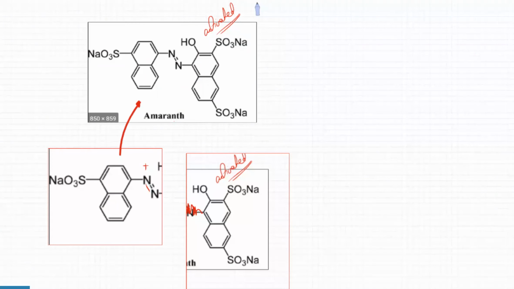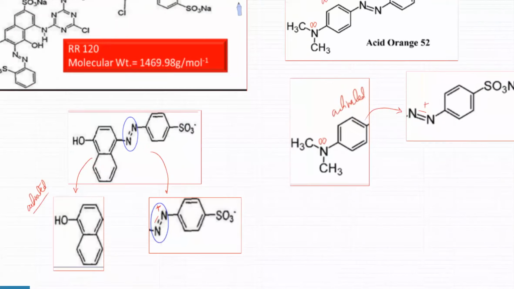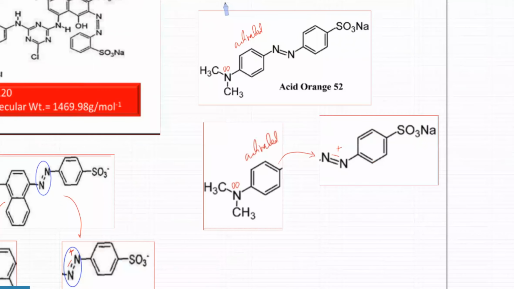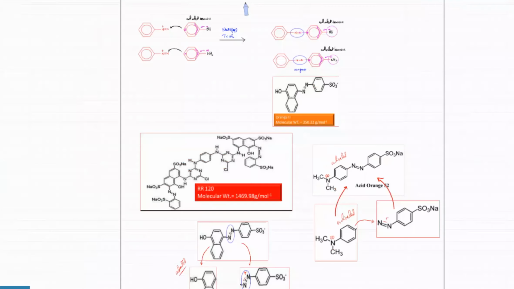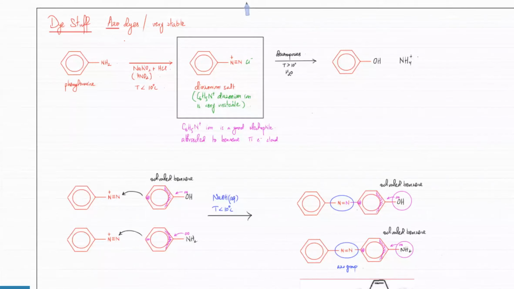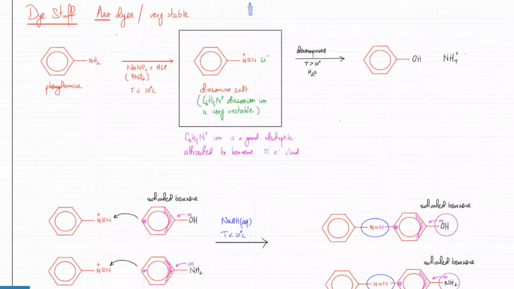So make sure that's how these two would join up. That's the only part. Otherwise, the whole reaction is kind of simple. You start off with a phenylamine, you turn it into a diazonium ion, and then that diazonium ion ends up attacking a phenol or a phenylamine.